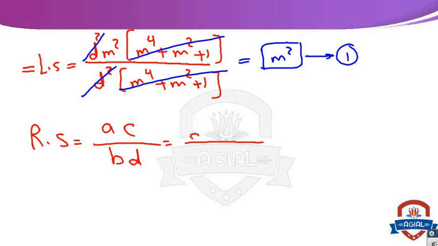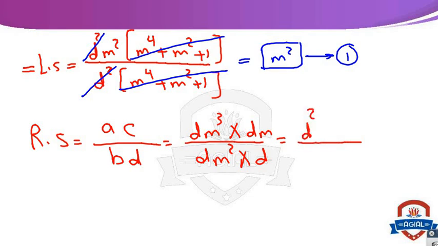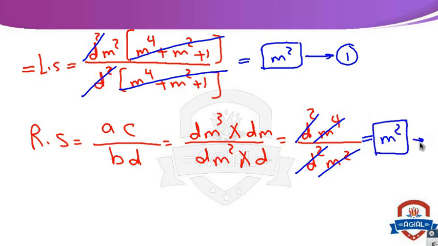A equals DM to the power 3 times C equals DM, over B equals DM to the power 2 times D, equals D squared M to the power 4 over D squared M to the power 2, and cancel D to the power 2 with D to the power 2, M to the power 4 divided by M to the power 2 equals M to the power 2. Number 2.